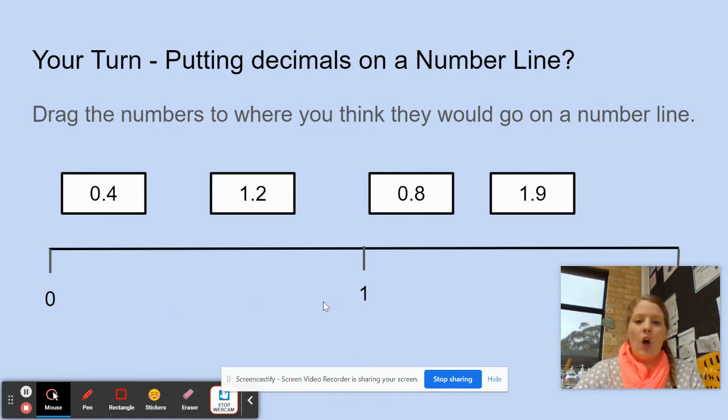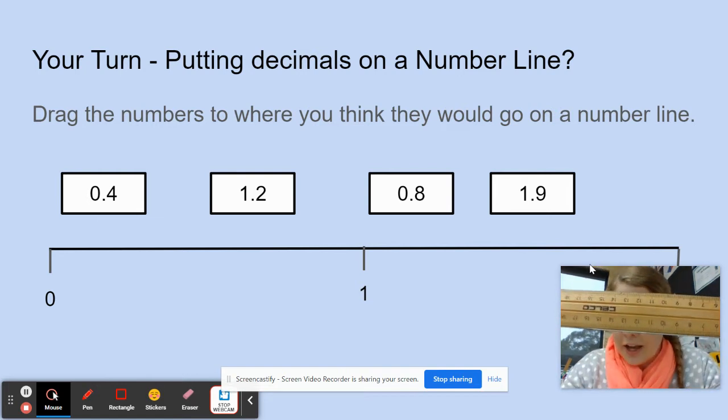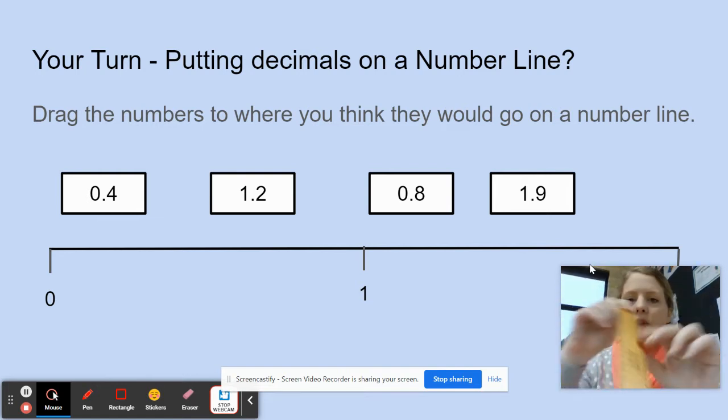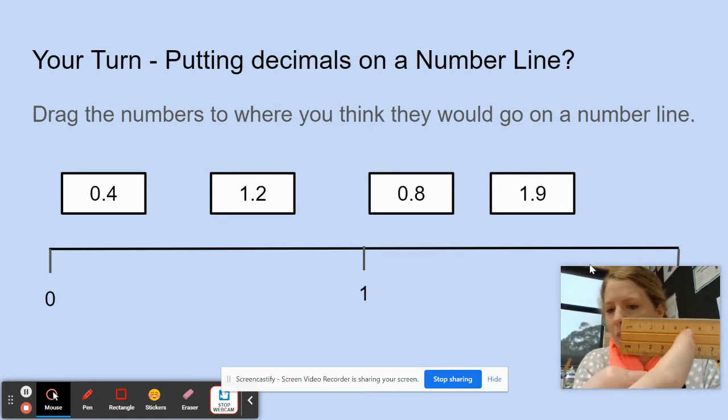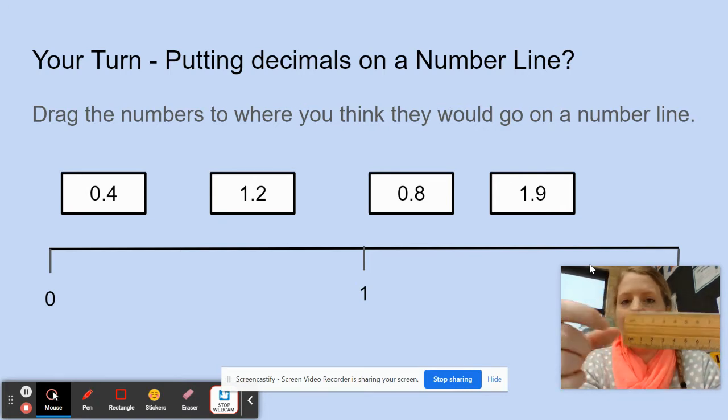Now remember, these are whole numbers. You could sometimes think of this like a ruler as well. When you're looking at a ruler, you'll see that there are little spaces or little marks in between the numbers.